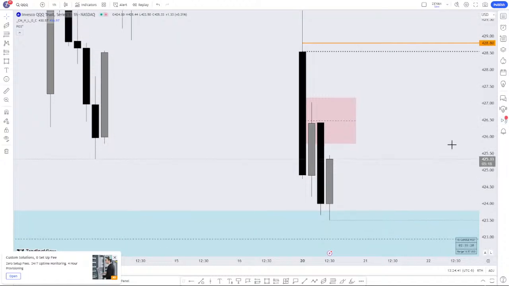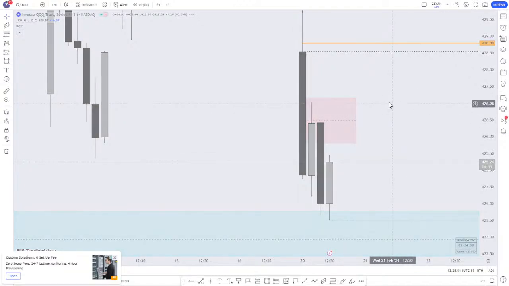As I'm moving to smaller and smaller time frames, the areas of interest or the ideas become relevant. I do not use this as a main source, but as the price is here, this is becoming relevant. So all of these things are in the back of my mind. As the price moves to this point, it becomes relevant.